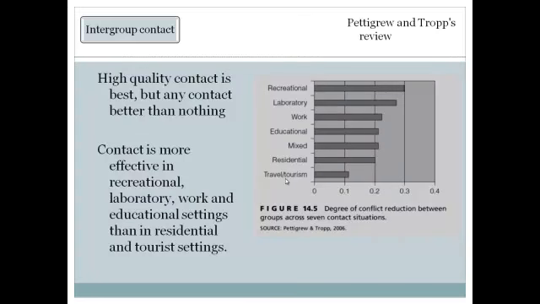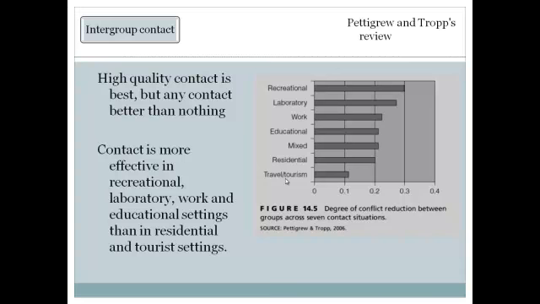So those conditions we talked about, especially with the positive emotions and developing friendships, are certainly useful for maintaining a high level of conflict reduction.